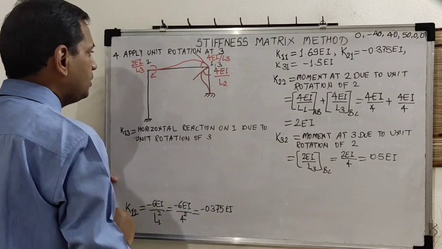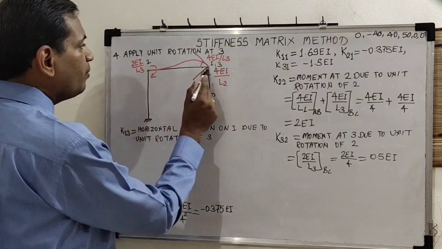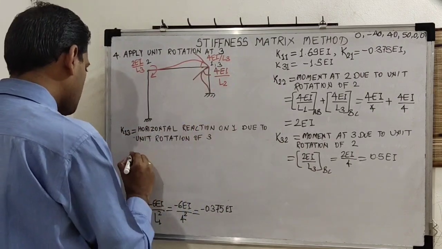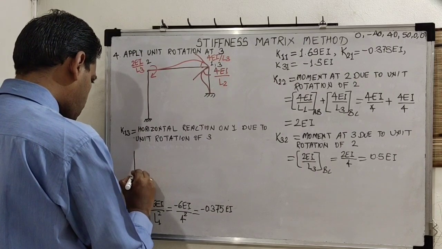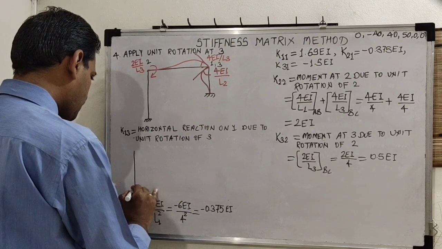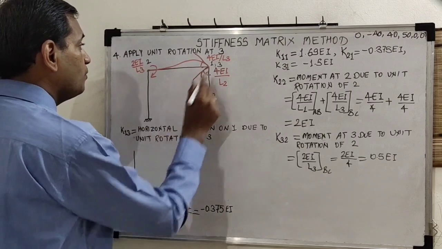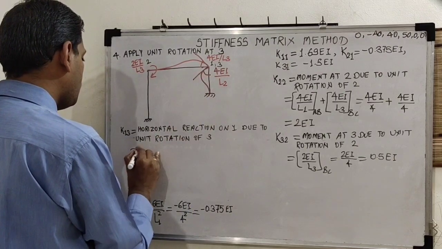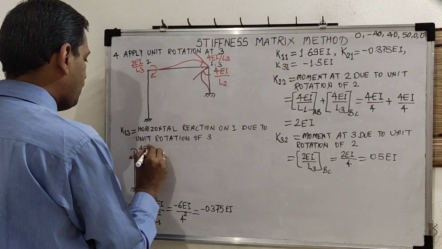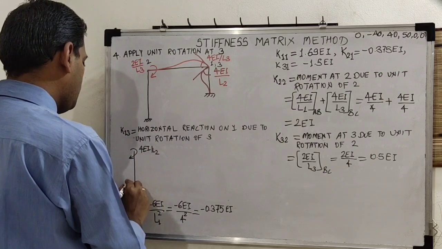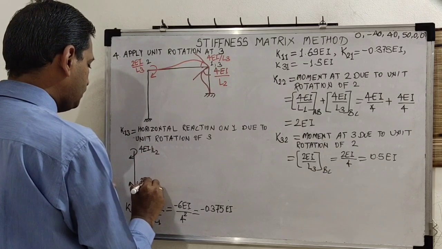Unit rotation of 3. So we will get this value from column CD. Draw the free body diagram for column CD. Show the moment values there: 4EI by L2 is here, and its half value is on D, 2EI by L2.